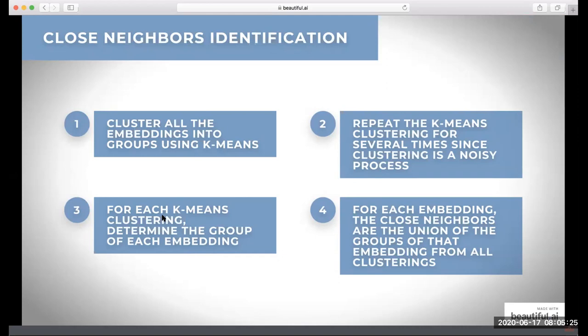For each k-means clustering, it determines the group of each embedding. At the end, the close neighbors of a specific embedding are determined by getting the union of the groups from each k-means clustering that is done. Now if you go through the example, I think all this will make more sense.